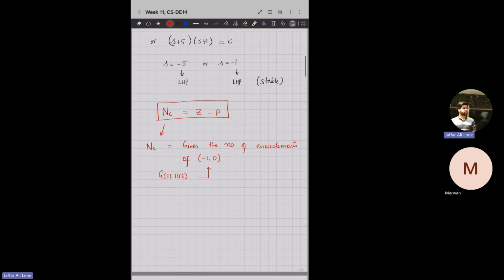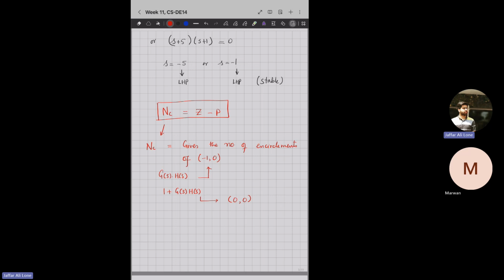But if I am mapping my Nyquist contour to a contour of 1 plus G(s)H(s), then you need to check the encirclements around 0 comma 0. So we check the encirclements about the point 0 comma 0. This is very important. You have questions based on this.